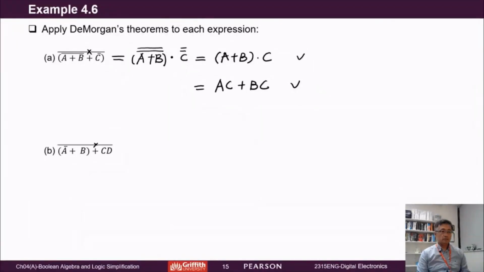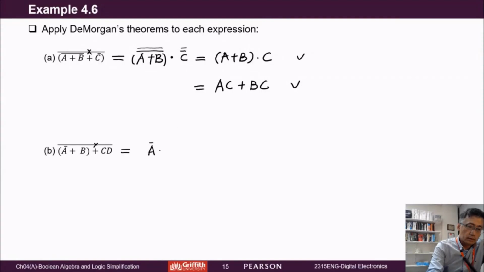All right, maybe another half a minute and try to finish question B. So, more practice. All right, let's do it together. We regard this bracket as a whole variable.